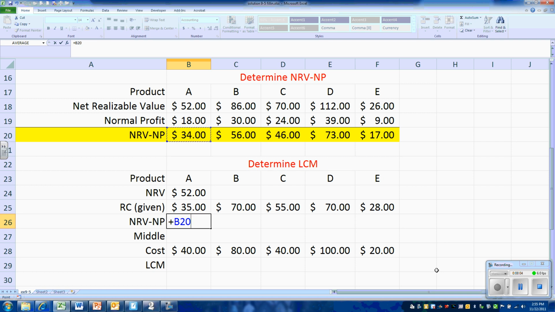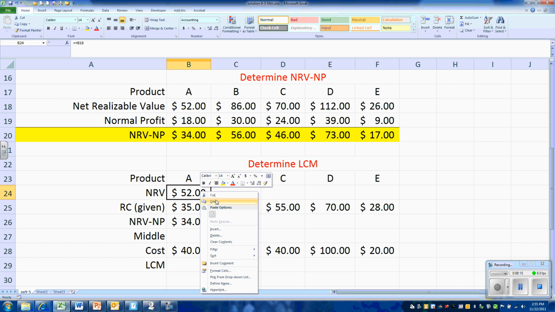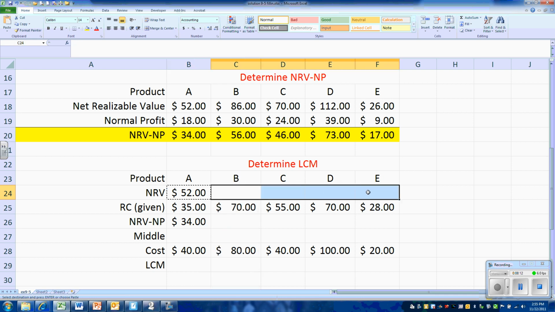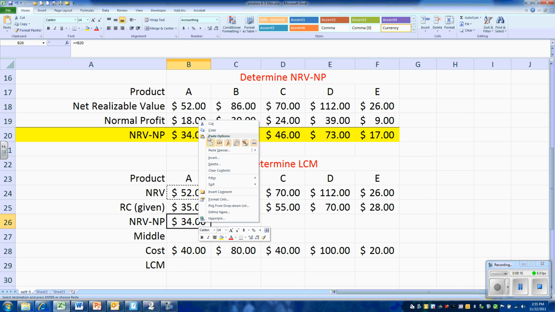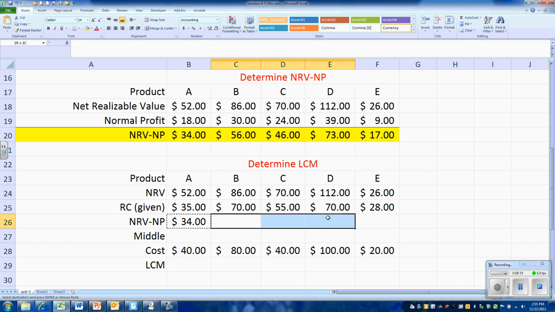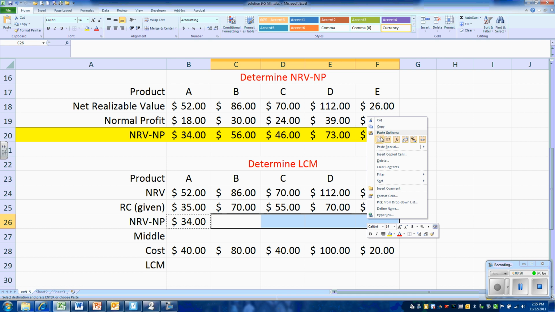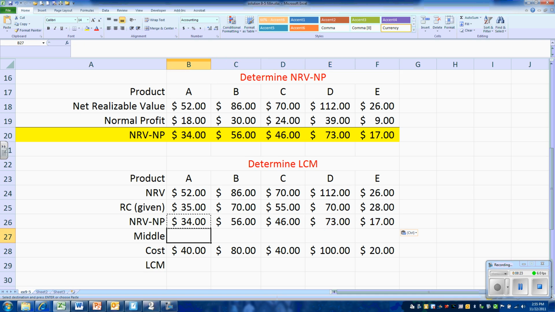And we calculated that in cell B20 for product A. We can now go and copy, paste them across, and now it's a matter of looking at our three components of LCM and picking the middle item.